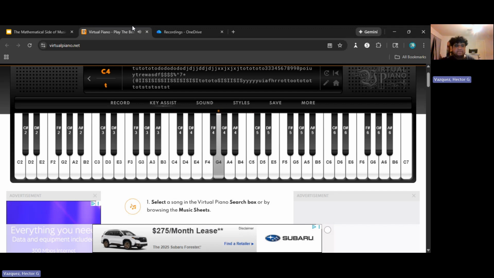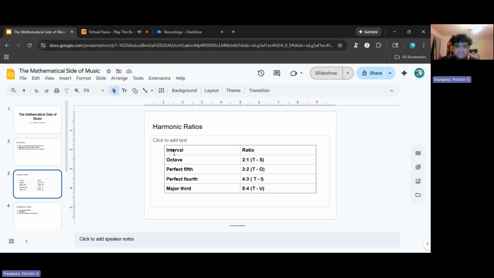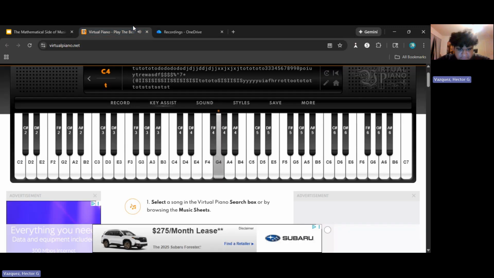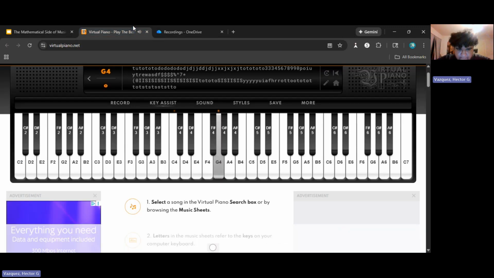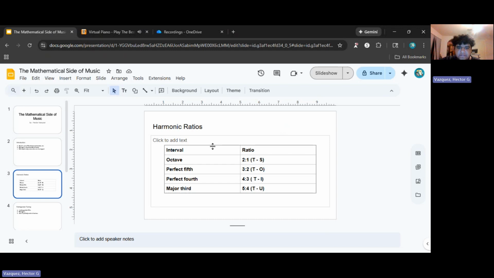Then we'll go with the perfect fifth, which is the ratio 3 to 2. For me, it's TO on the keyboard. Next, we'll go with the perfect fourth, ratio of 4 to 3.